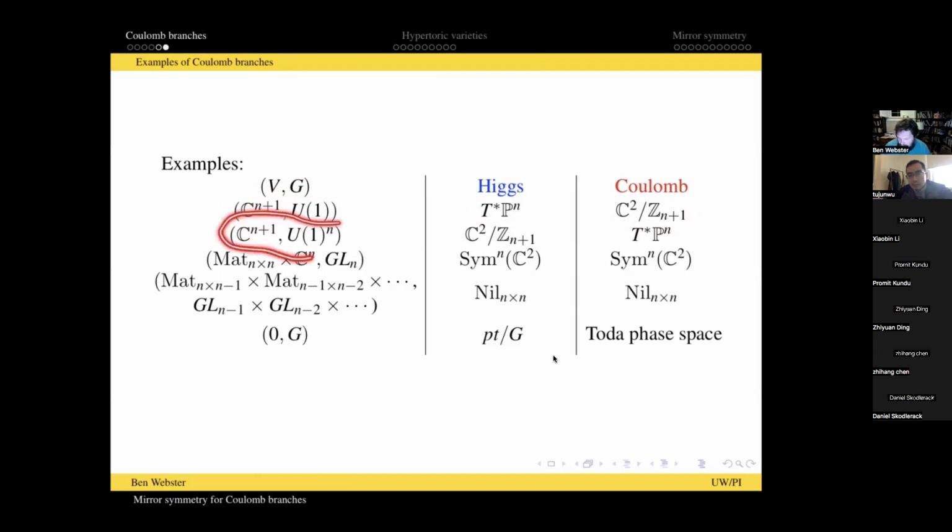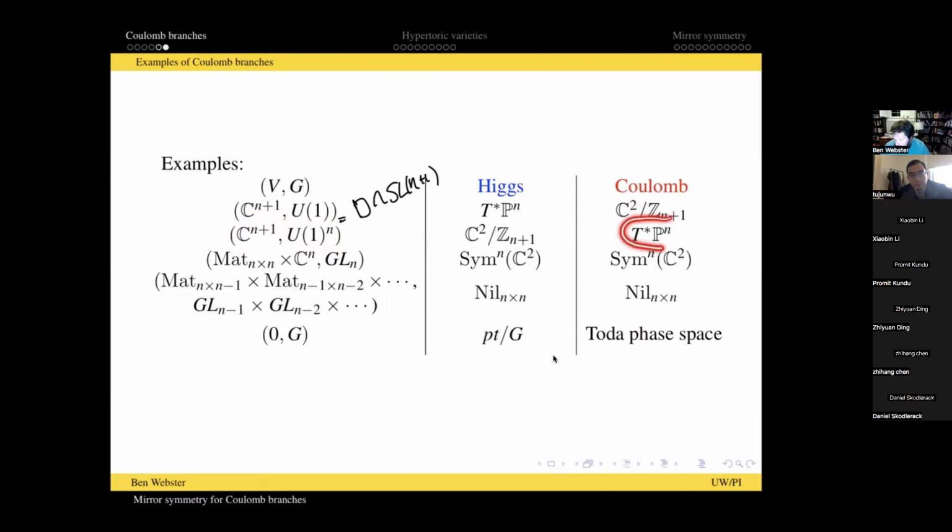On the other hand, there's a dual example here, where U1 to the n is the diagonal matrices intersect SL(n+1), so the n+1 by n+1 diagonal matrices with determinant 1, which is isomorphic to n copies of Gm. That implicitly tells you an action on C^(n+1).